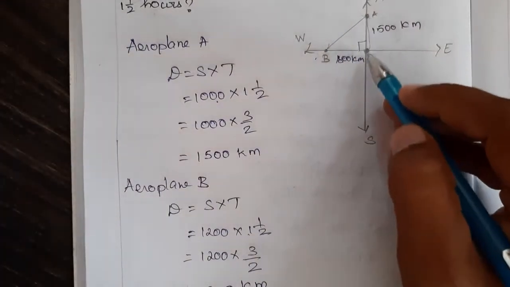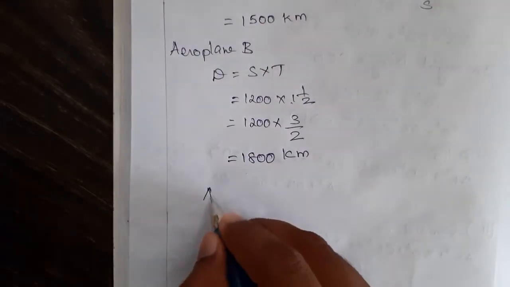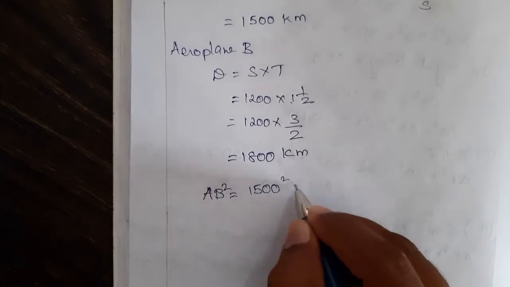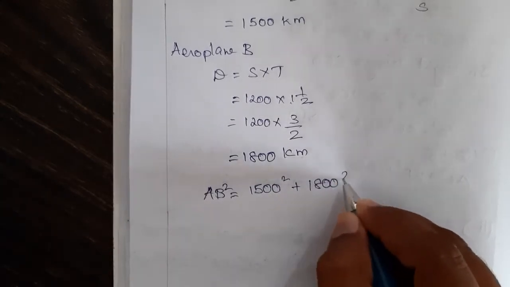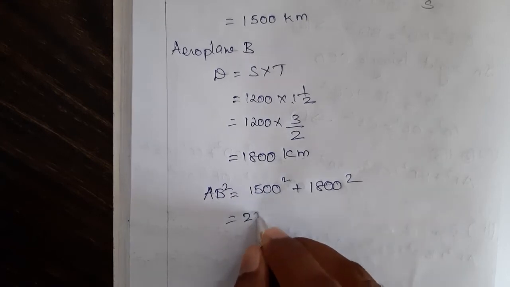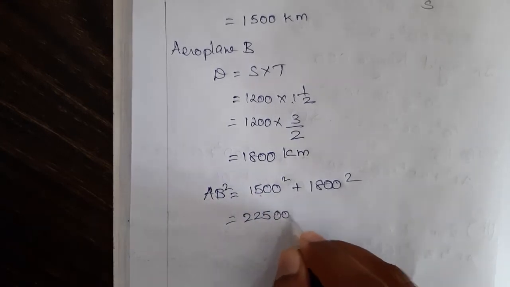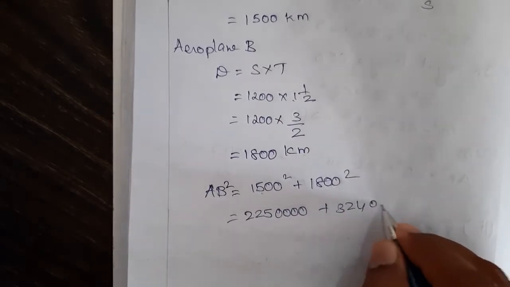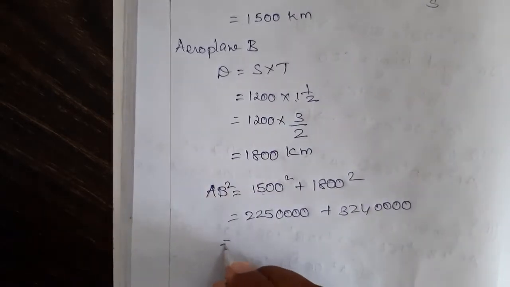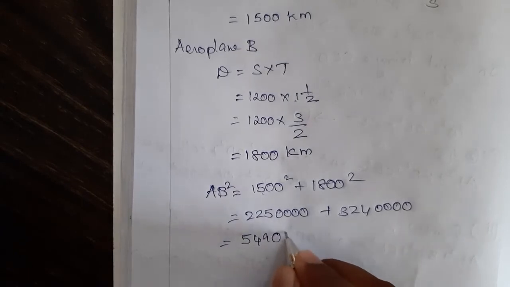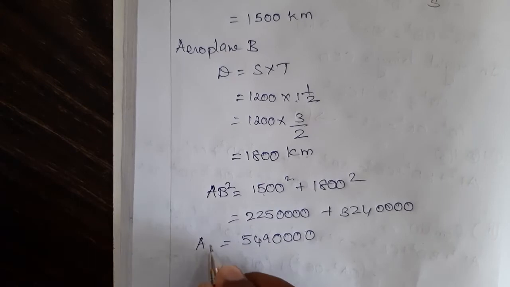So AB square is equal to OA square plus OB square, right? So AB square is equal to 1500 square plus 1800 square. So 15 square is 225 and 00 square will become 4 zeros, plus 18 square will become 324, 00 will become 4 zeros. If we add, we will be getting 5,49,000. So this is AB square.